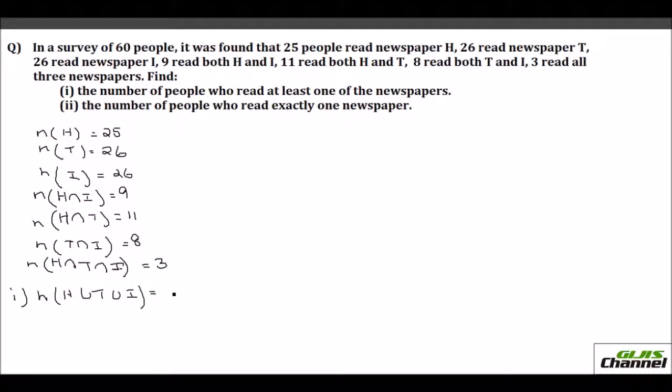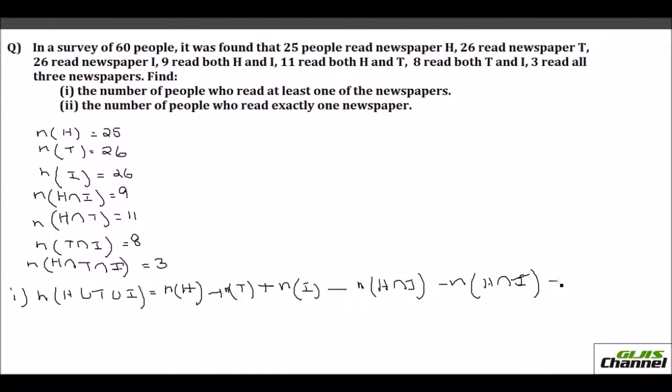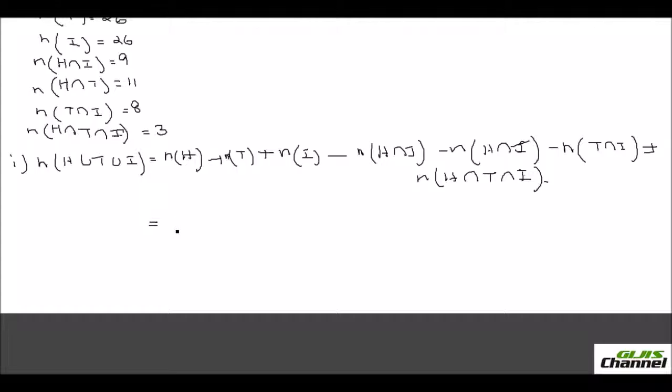So as per the formula it is N of H plus N of T plus N of I minus N of H intersection T minus N of H intersection I, then minus N of T intersection I plus N of H intersection T intersection I. Okay, so let me fill in with the values.